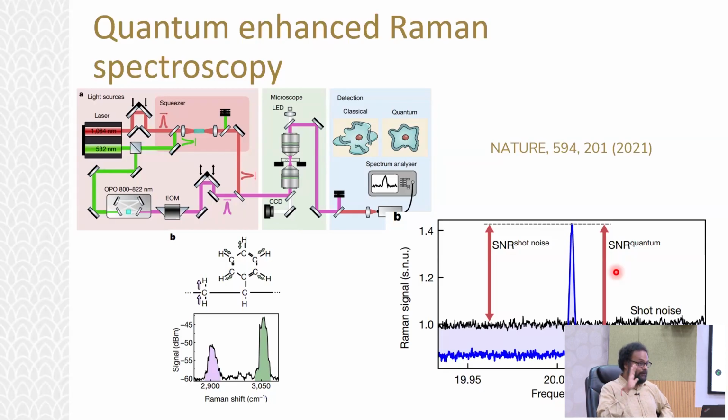Not SPDC, OPA, okay? And in OPA, unlike SPDC, you don't need to do a partial trace, you can do a full trace. So you can measure the signal mode directly, and you can show that it can lead to squeezing. Of course, you need to put in a cavity and so on and so forth. So here what they do is they use this amplitude squeezed state as their probe, okay?